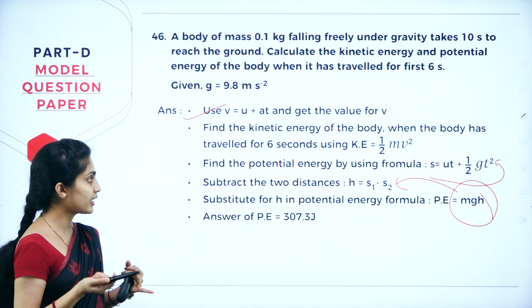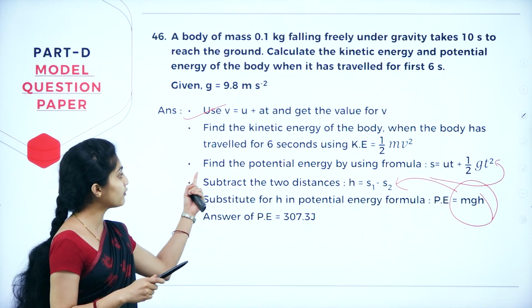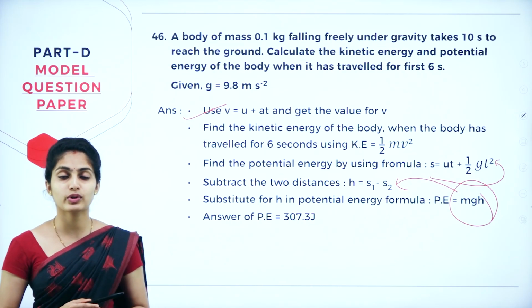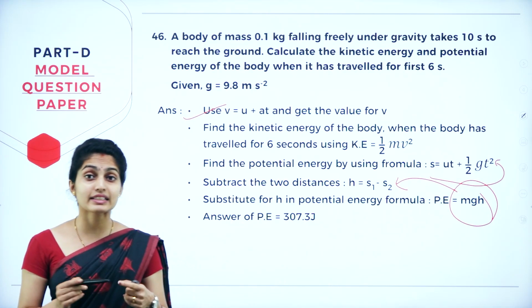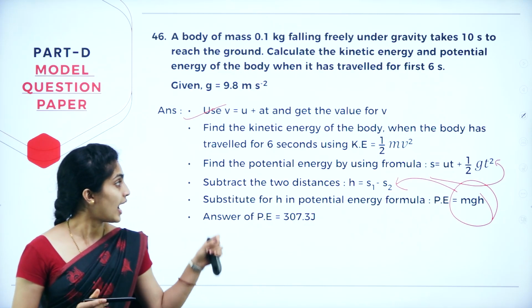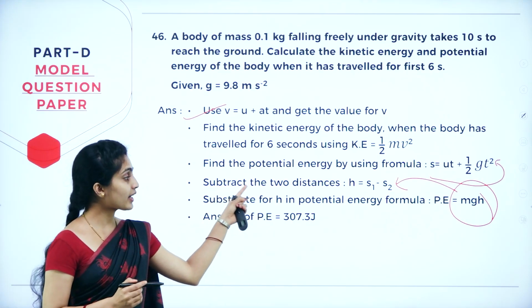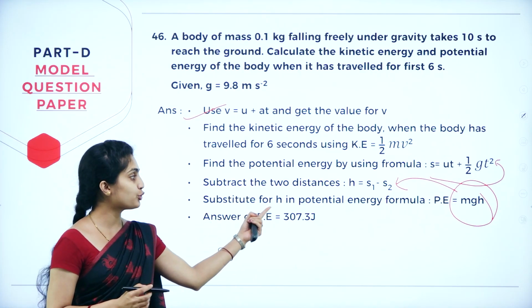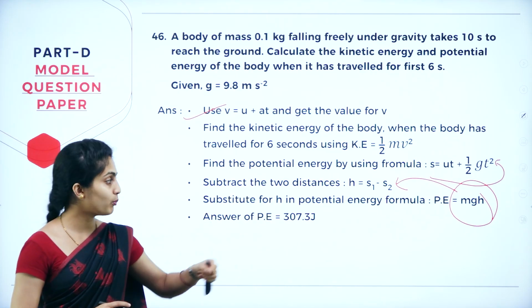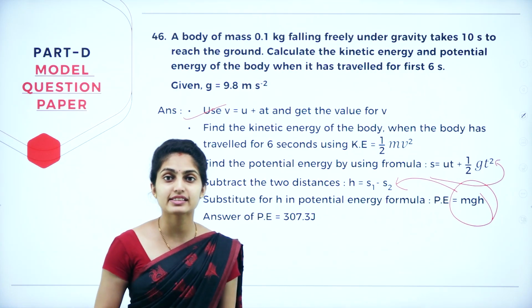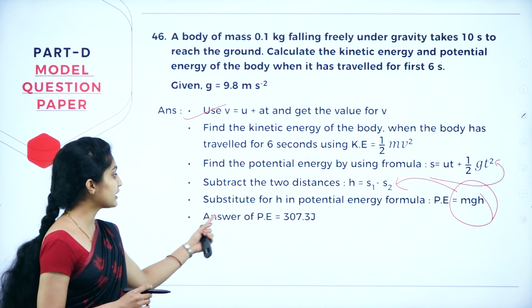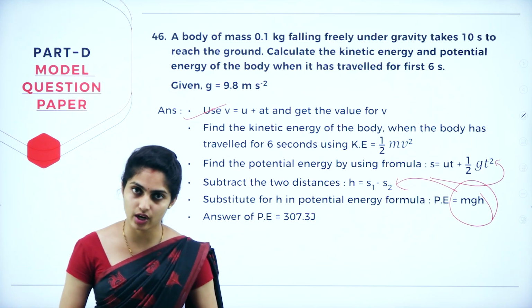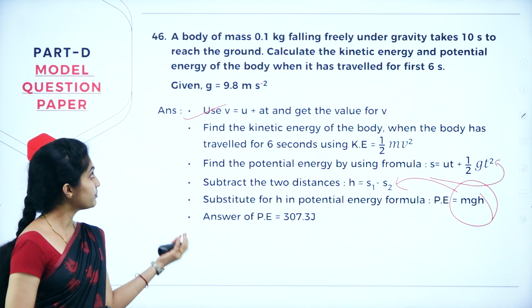So S1 minus S2. So in order to have S, use Newton's equation of motion. S is equal to ut plus half at square, where a is considered to be g, and subtract the 2 distances whatever we get from that S, and finally substitute for h in the potential energy formula. The formula is given there, that is mgh, and we will arrive at the answer. Potential energy is equal to 307.3 joules. So that is all about this question.